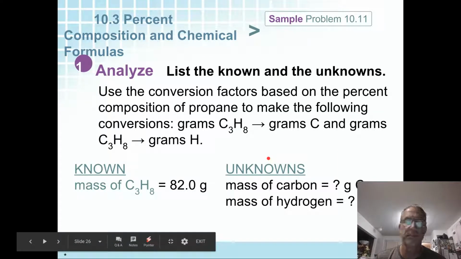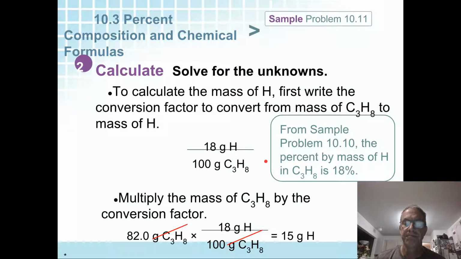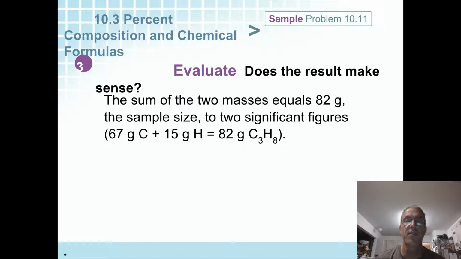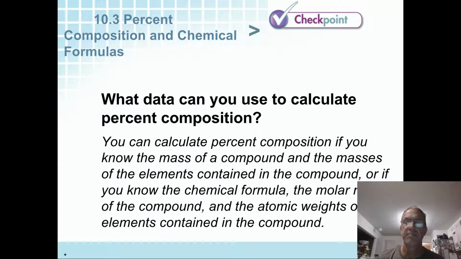They pretty much set it up and go to great lengths here, but it's pretty straightforward. Whether you do it this way or using percentages, it'll come out the same either way. And again, it should all add up to be 82 grams. So it's kind of nice because you can check yourself as well. Once again, pretty cool because we can calculate all kinds of things.